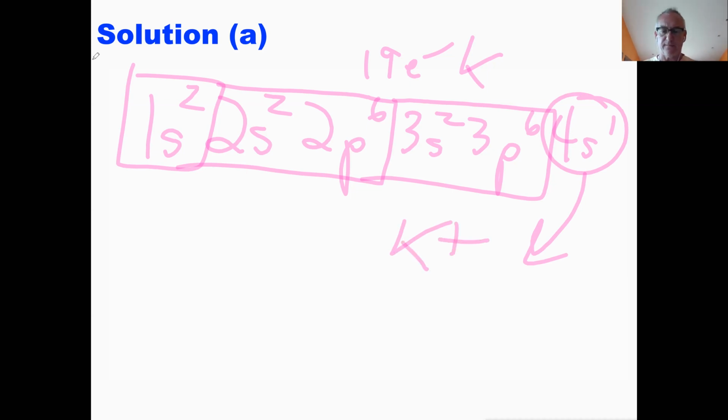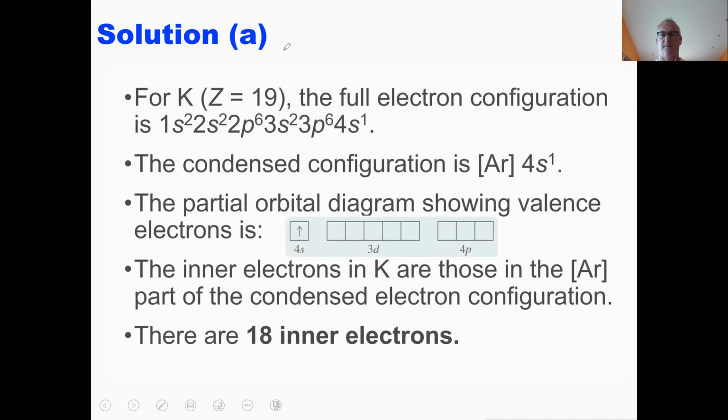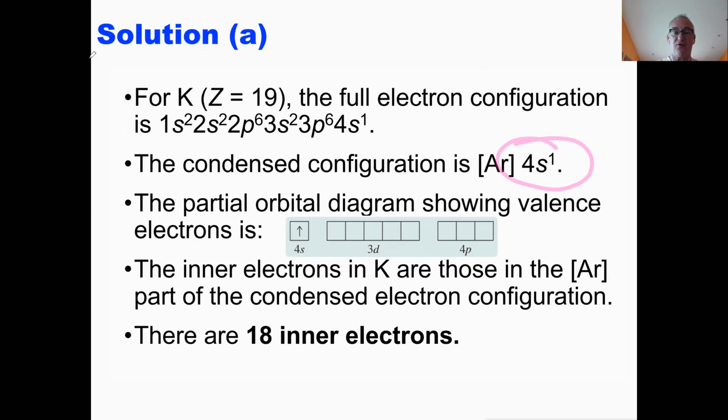Our condensed configuration is just argon, as was mentioned before, with the 4s1. And so the partial orbital diagram just has 4s in it with a single lone electron. Very, very sad. So the inner electrons are these 18, and the valence electron is this 1. Okay?